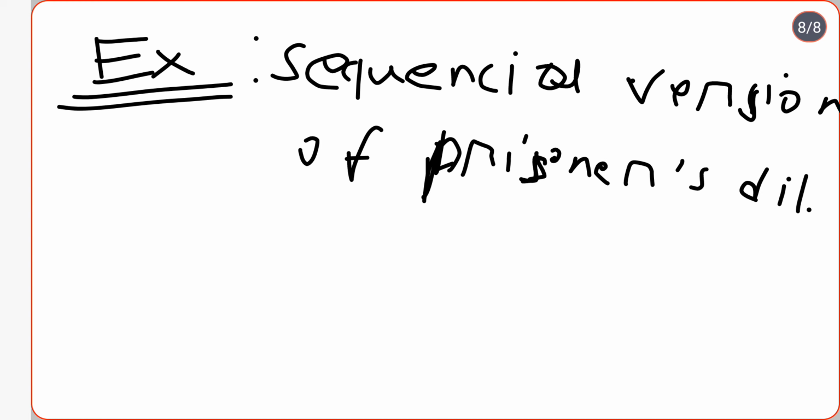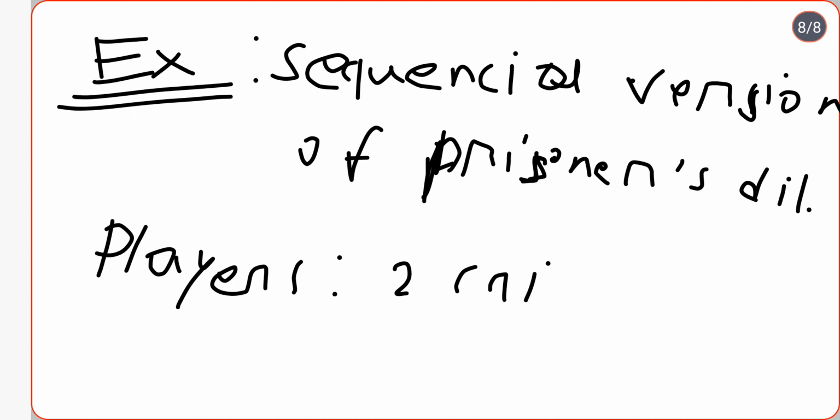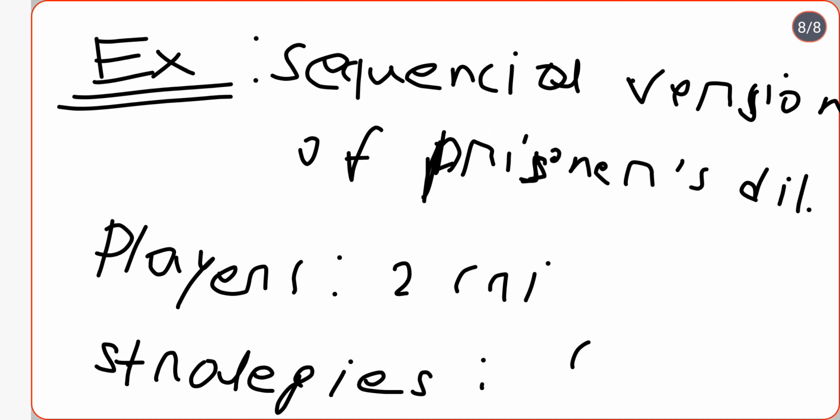Here also we have two players, two criminals, so all of the things are the same. Players are two criminals, and strategies: they can cooperate or they can deny. These are the two strategies available to them.